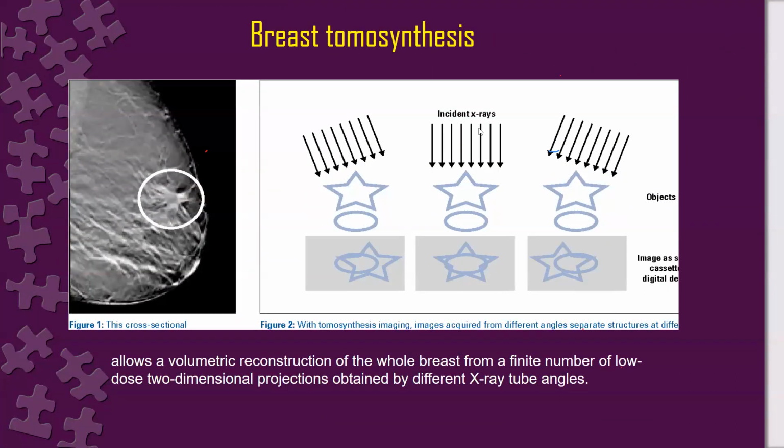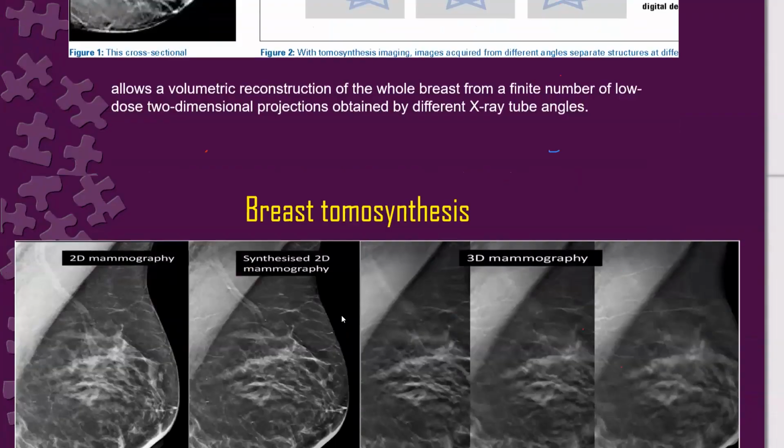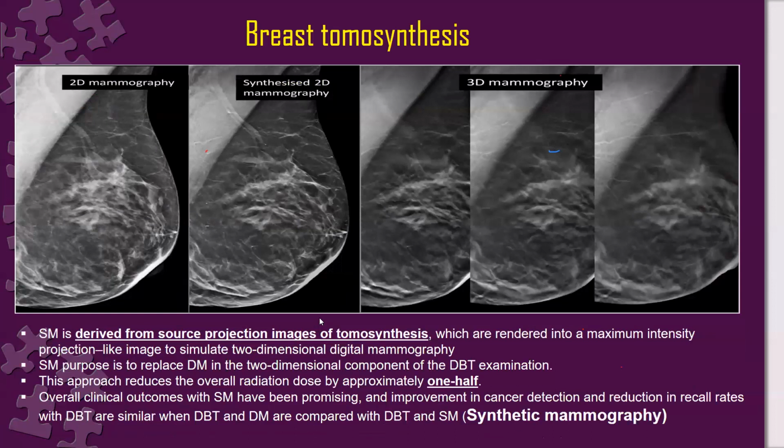And again, because X-rays are taken from different angles, it allows volumetric reconstruction of the whole breast. And in this, the apparently 2D or two-dimensional projections are similar to what we call maximum intensity projections.